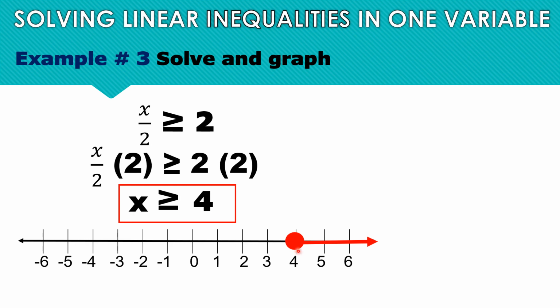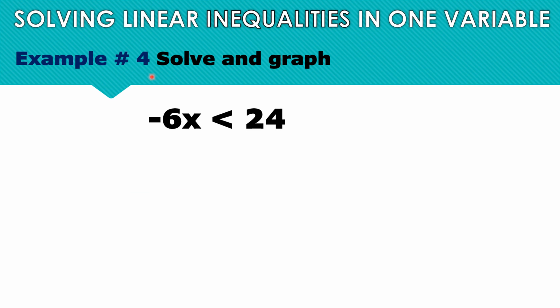The closed circle indicates that 4 is included in the solution set, and the arrow going to the right indicates that all the values greater than or equal to 4 are solutions to the inequality.